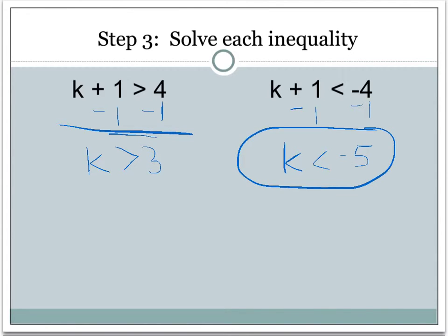Remember, if we had multiplied or divided by a negative at any point, those symbols would have flipped. But in this case, nothing happened, so we have k is greater than 3 and k is less than -5. So you can have answers that are greater than 3 or less than -5, and they will work in the inequality we started with.